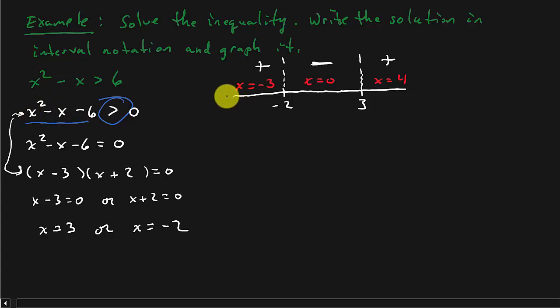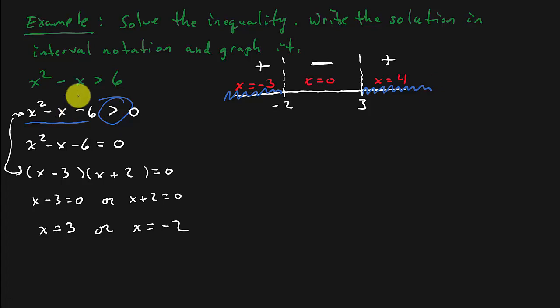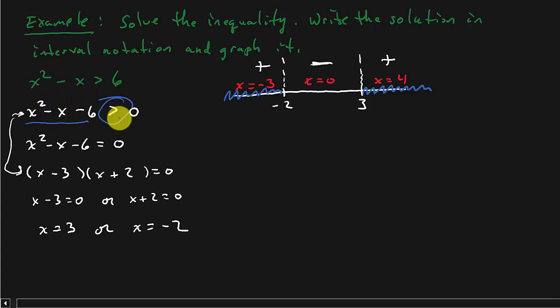When is this function positive? Well, it's positive here and here. You see that? So this function here is positive from negative infinity to -2. And I'm going to have parentheses because it's not greater than or equal to.